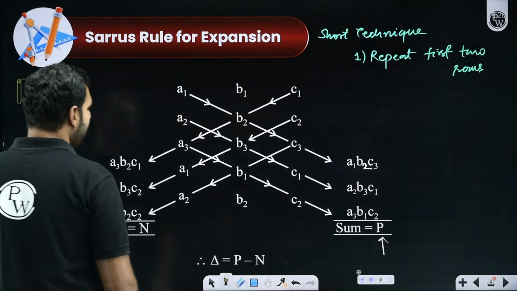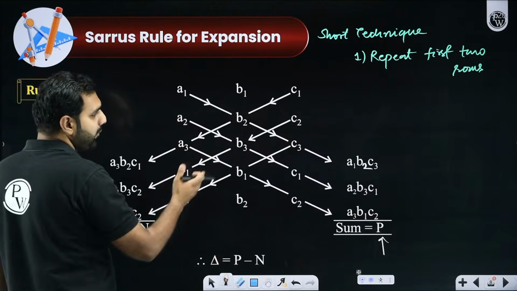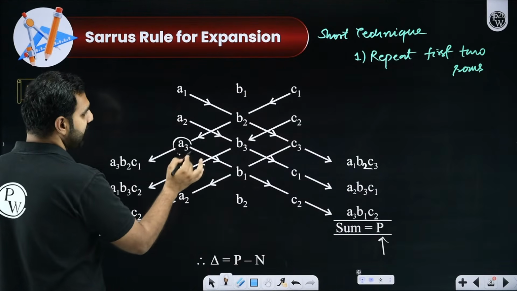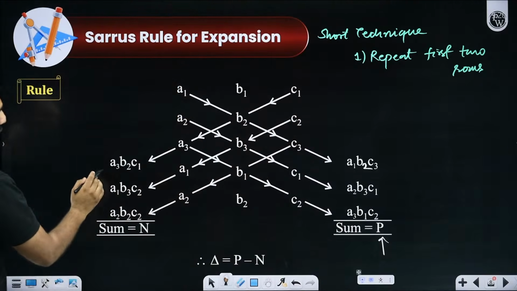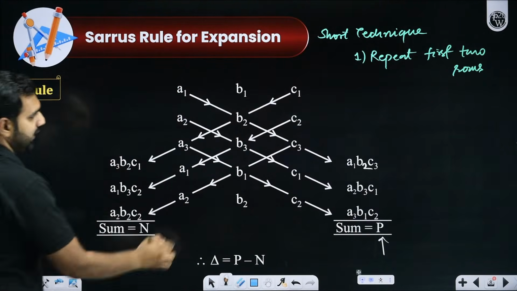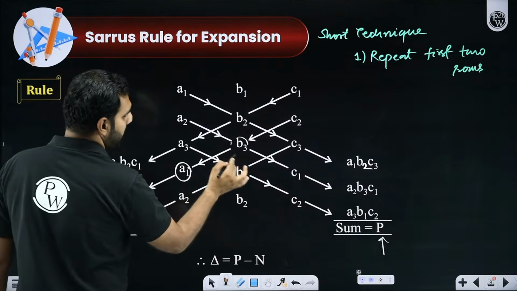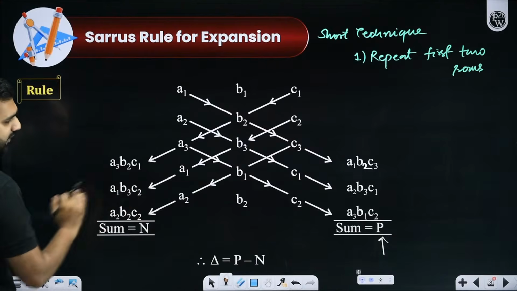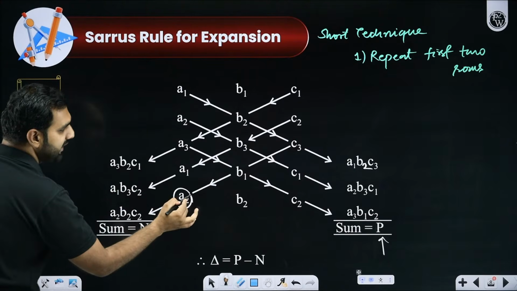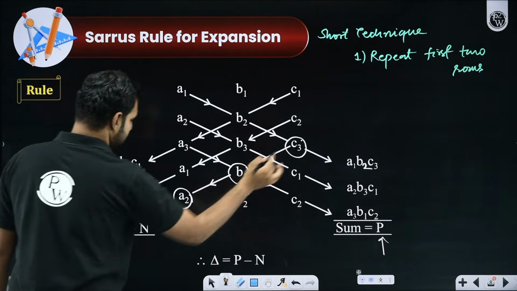Similarly, I will find the product along the non-principal diagonal elements. So there I'll get A3, B2, C1. Next product will be A1, B3, C2. The third product will be A2, B1, C3.